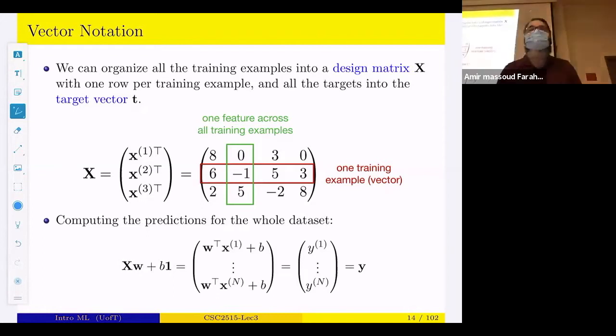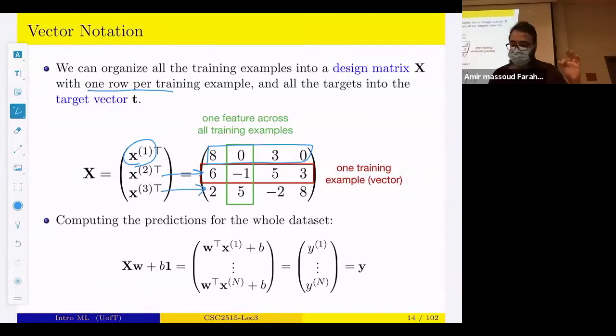One way to organize it is to put one row per training example. So X1 here is this row, X2 would be the second row, and X3 the third. So we have 3 data points, each of them 4-dimensional, so we get a matrix which is 3 by 4.